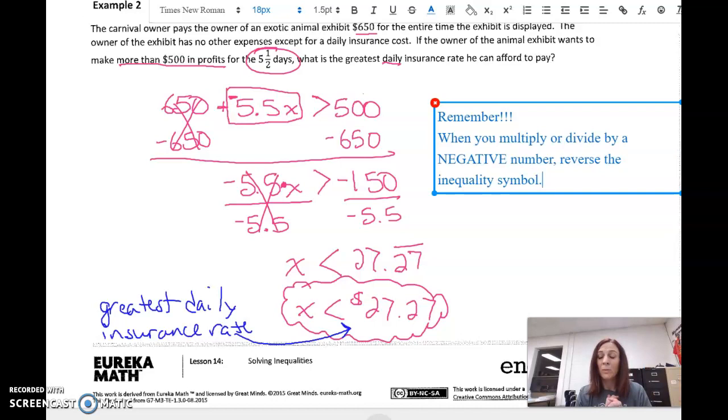Okay? Only occurs with multiplying and dividing, and it doesn't always happen to be multiplying or dividing. It's only when you multiply or divide by a negative. That's the only difference from solving an inequality to solving an equation.